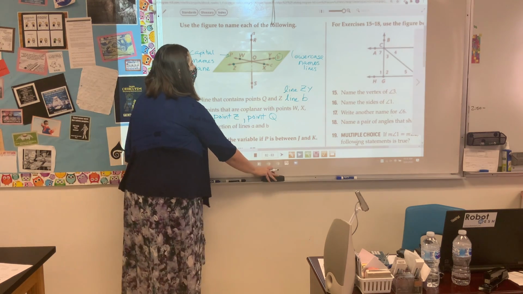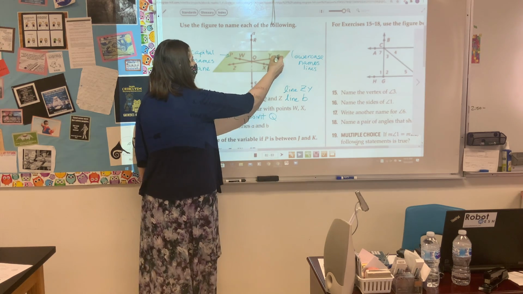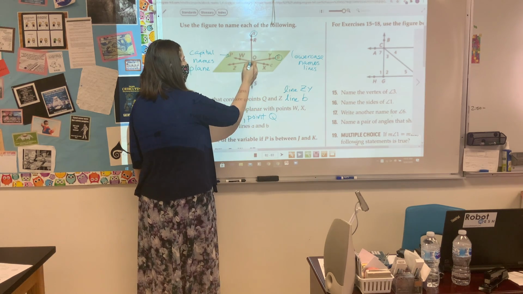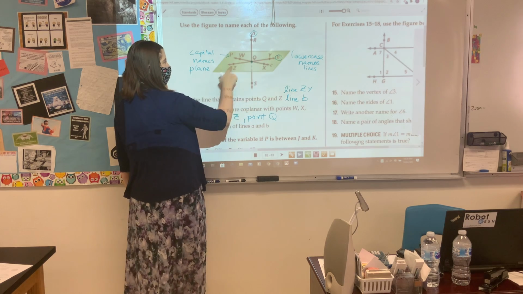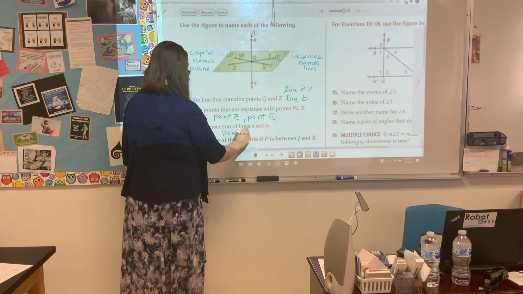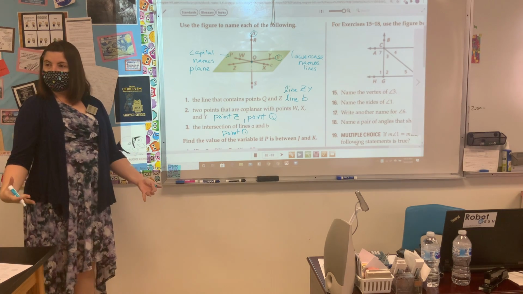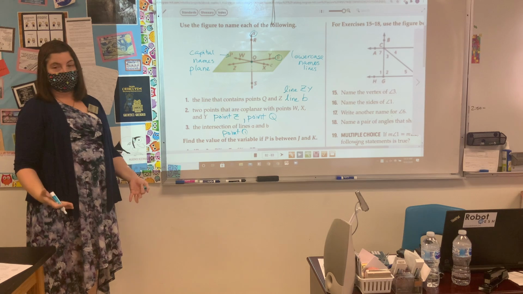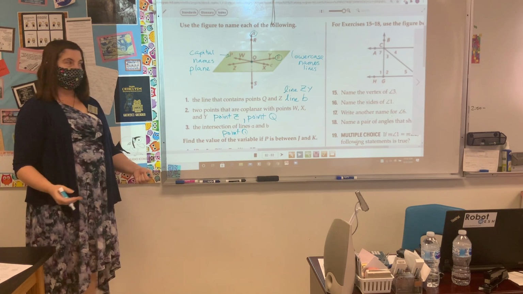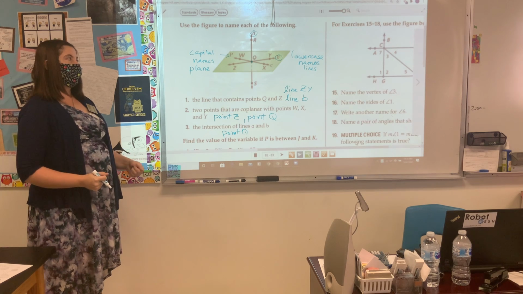There's a line A and there's a line B. Q. Yeah, Q. So here's line B, there's line A. Q is where those two cross. Any trouble with that? You just have to be careful. Be careful that points always have capitals.